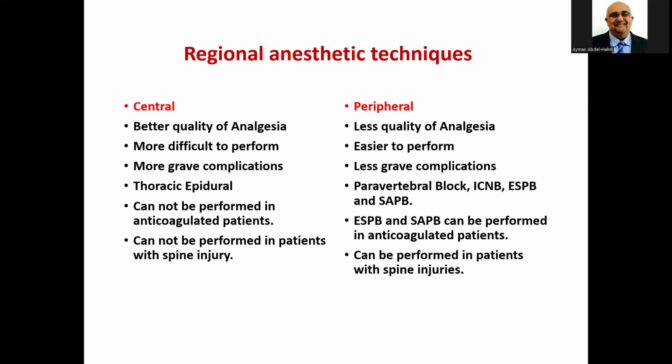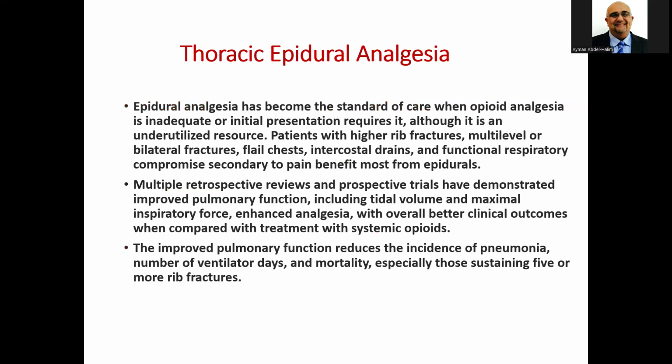It doesn't make any sense if I have a substitute, maybe of less quality, but at least with a better side effect profile. Thoracic epidural analgesia is the gold standard. Nobody can argue about this.